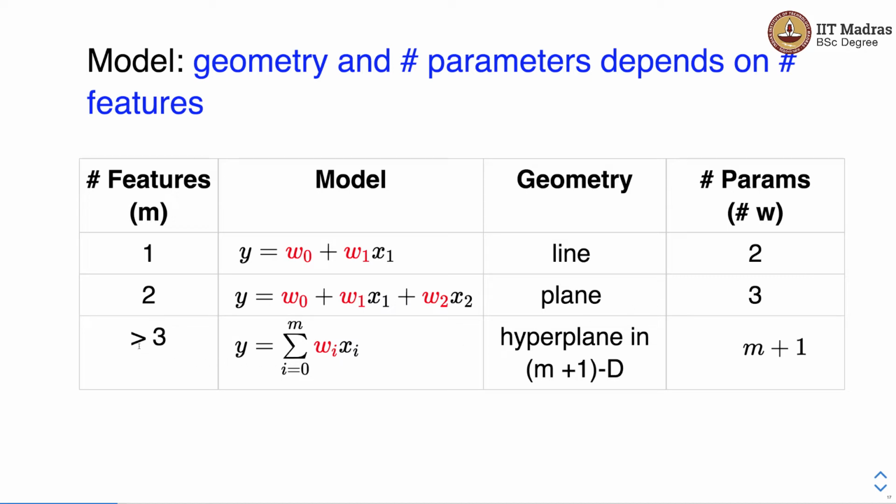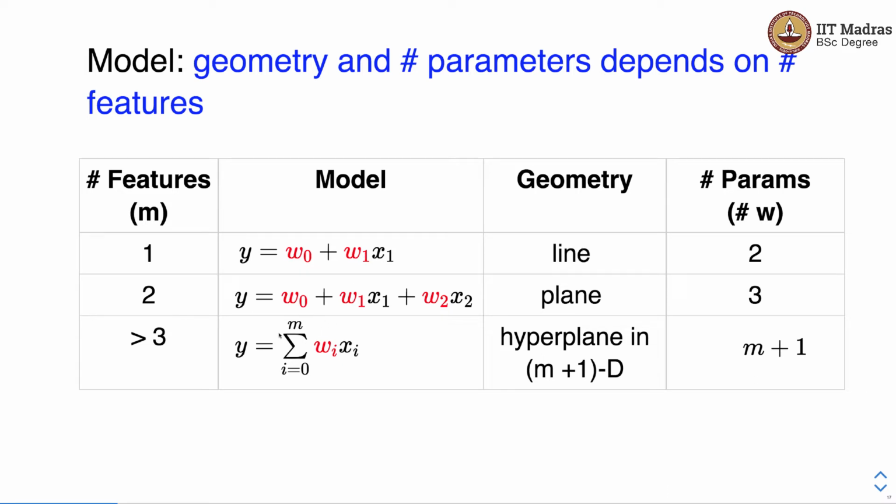So in general, this should actually be greater than or equal to 3. If you have number of features greater than or equal to 3, we have a model which is a linear combination of m features, or rather m plus 1 features, where we have added a dummy feature x0 at the beginning corresponding to w0. These are also linear combination models, but we have expanded them to make them explicit, so that you can see the geometrical equation.